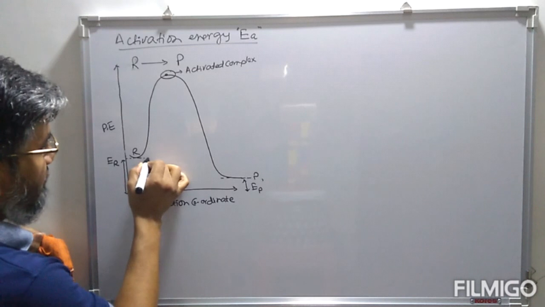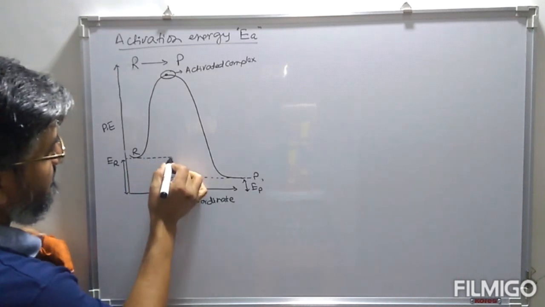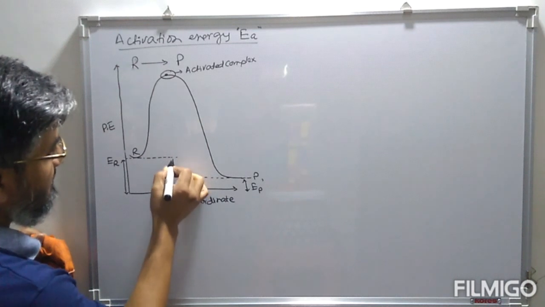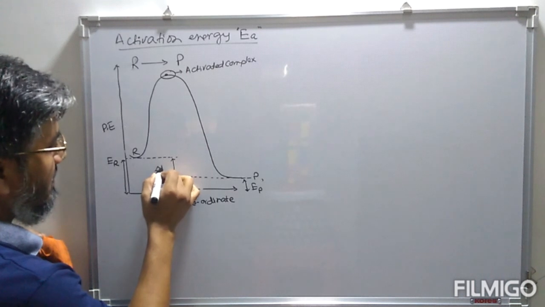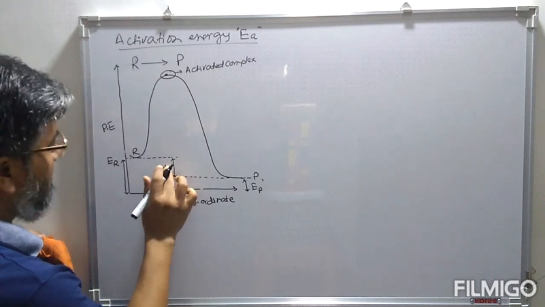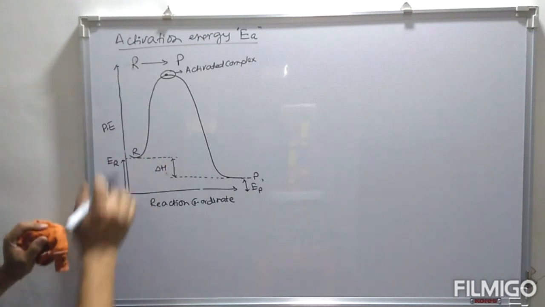The distance between these two is known as enthalpy of reaction, that is the enthalpy change for this reaction.